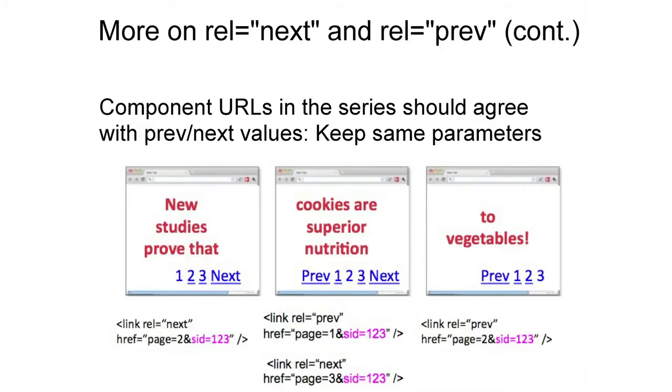And this is because our indexing team looks to actually link every page in a series with what was declared previous and what was declared next. And when they do that, they want to make sure, say you're on page 2, that the rel prev that states rel prev is page 1 and SID equals 123. They will go to that URL, but that URL actually has to list page 2 with the same SID. And that's how we can link every page in the sequence. So be sure to keep parameters throughout your entire series.